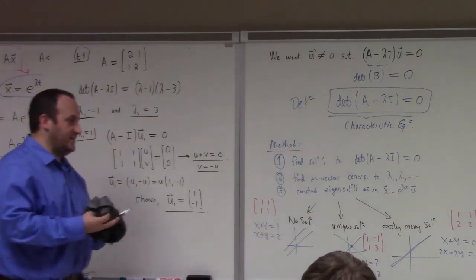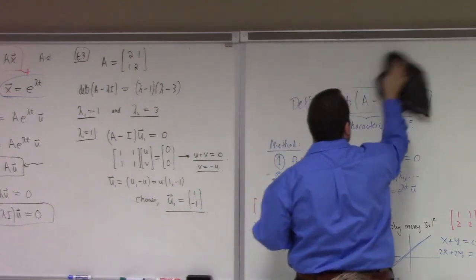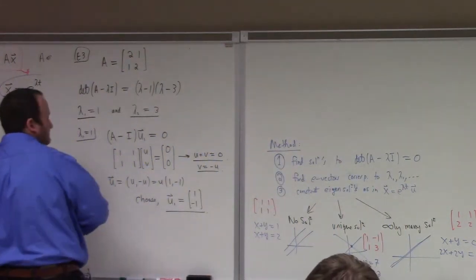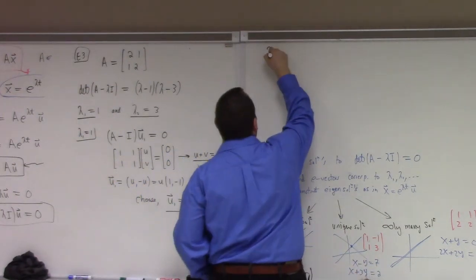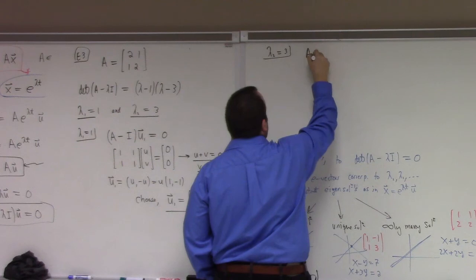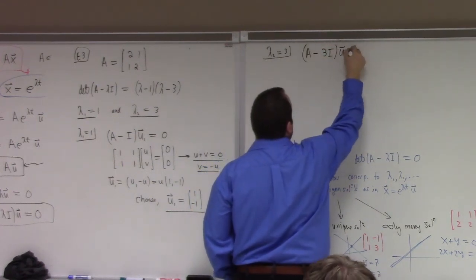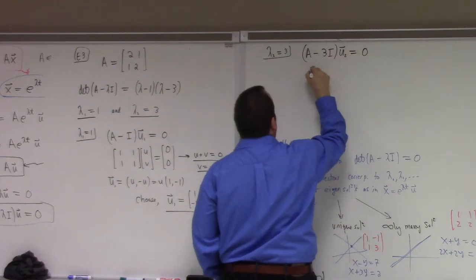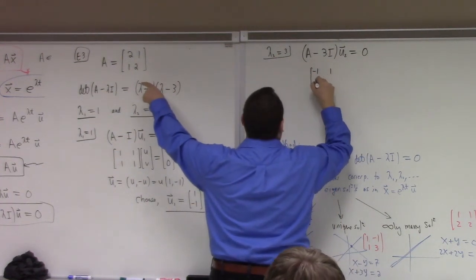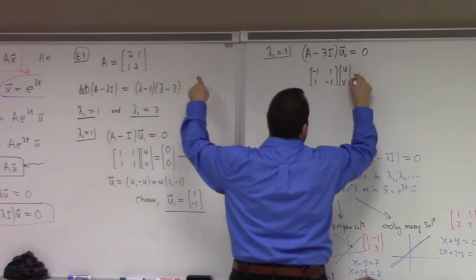We got one more eigenvalue, right? 3. What's the eigenvector for eigenvalue 3? So lambda 2 equals 3. Now we got to solve A minus 3I times U2 equals 0. What's that actually look like? Well, that's minus 1, 1, 1, minus 1, times U, V, equals 0, 0.